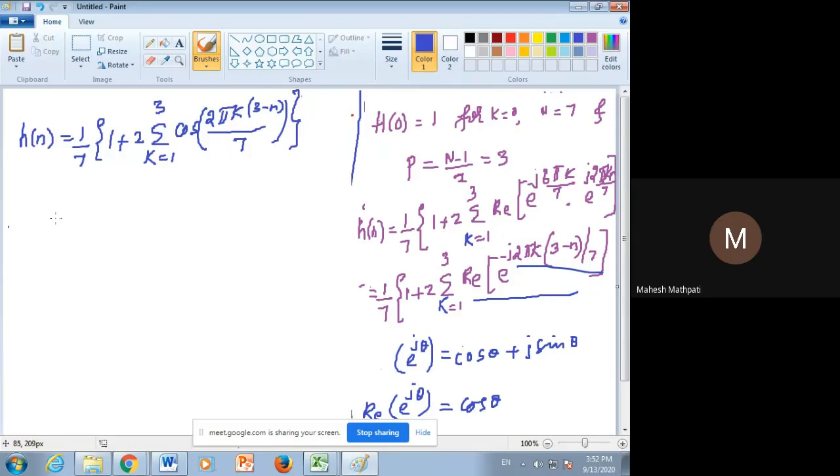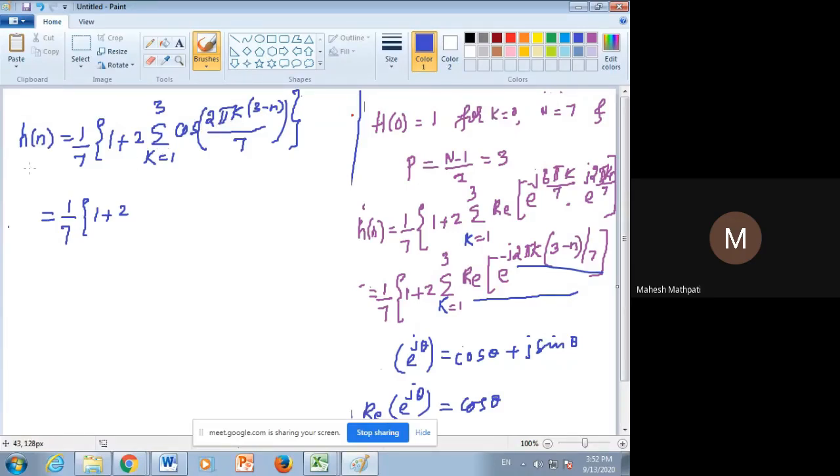Now this again can be simplified as 1 by 7 into 1 plus 2. If I take k equals to 1, what will happen there?